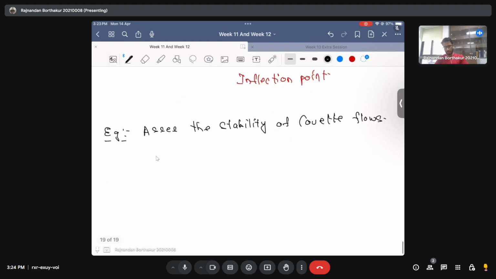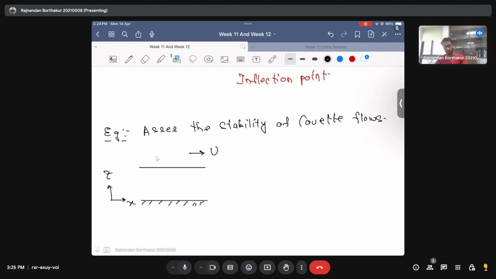As we know, the Couette flow is created by the motion of one plate with respect to another. So for instance, if I have a plate like this, let this be the x, let this be the z, and then I move this plate with some velocity, a given velocity.